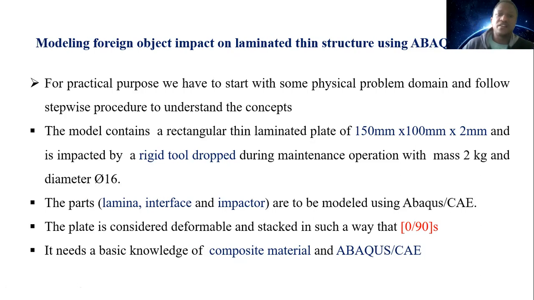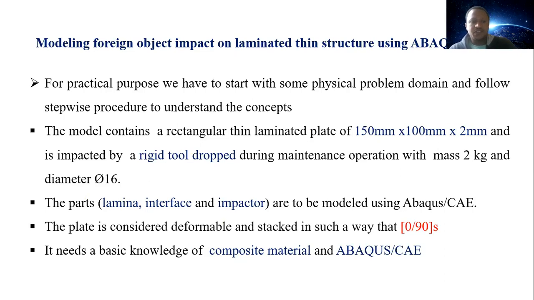The model contains a rectangular thin laminated plate of standard size with a thickness of 2 millimeter, impacted by a rigid tool dropped during a maintenance operation, with mass 2.2 kg and diameter 5/16.